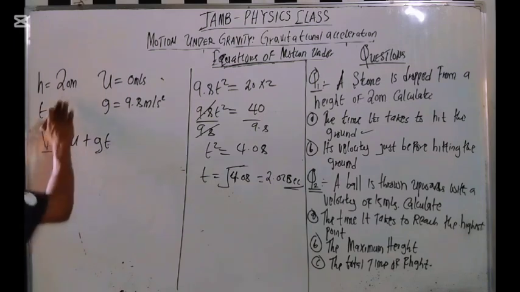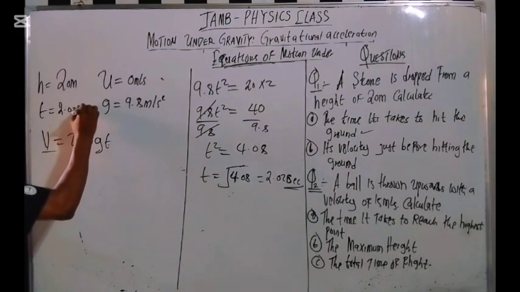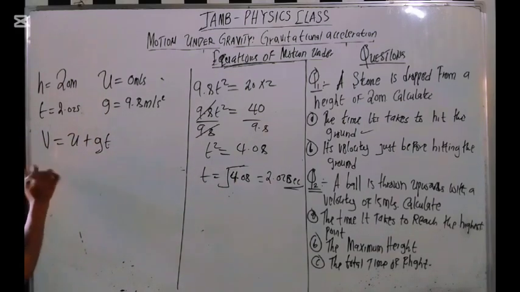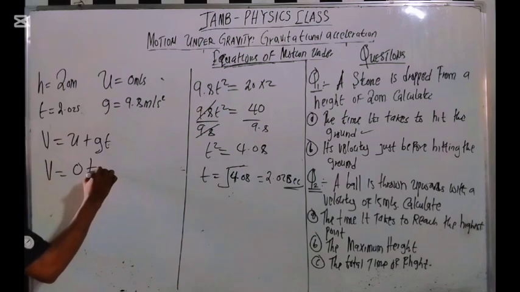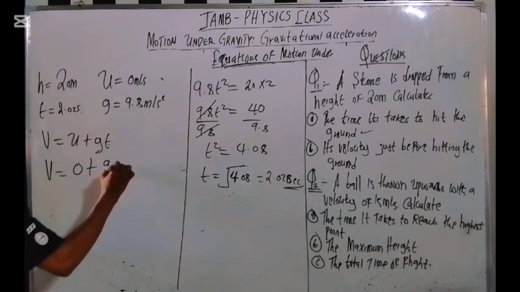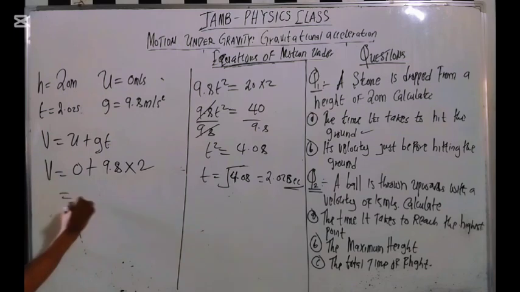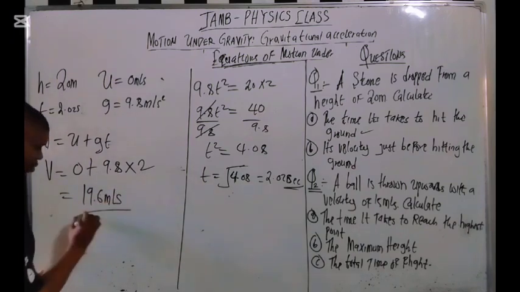Remember, my t is 2.02 seconds. So you plug in your values: V equals 0 plus 9.8 times 2.02, which gives 19.6 meters per second.